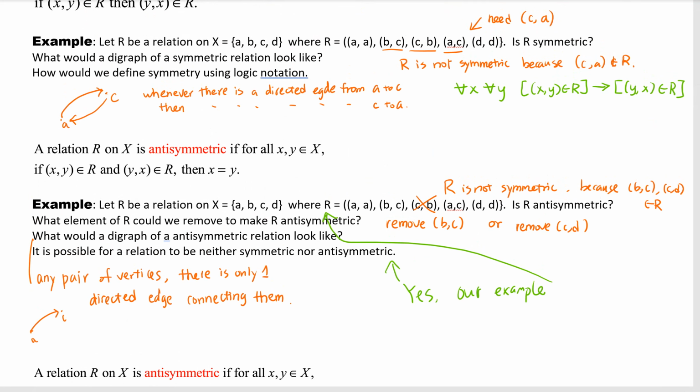And for anti-symmetric, for any pair of vertices, you can have either zero edges or only one directed edge between them.